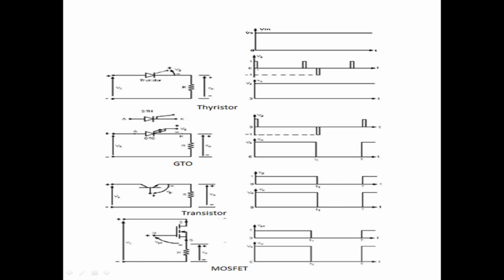That is the reason the output voltage continues: the load will continue to receive whatever input voltage we apply. Because the SCR remains in the on state, we have plotted the output voltage the same as the input. If during that instant I apply one more voltage, nothing will happen, the SCR will remain on.